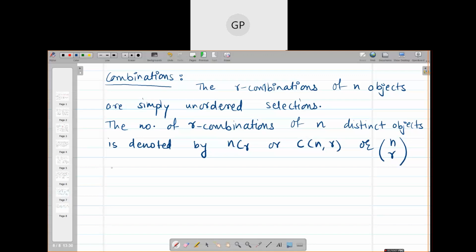Instead of using this nCr, we use this notation for combinations. nCr is equal to, what is the formula of nCr? It is n factorial divided by r factorial into n minus r factorial.